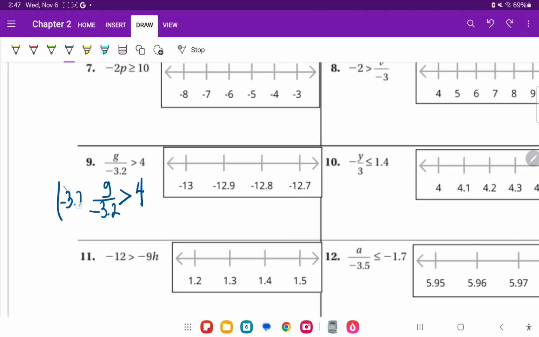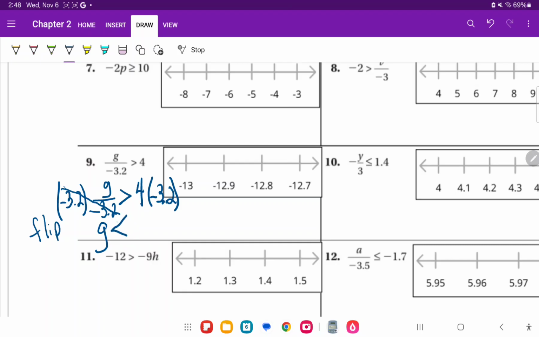I had a little glitch there for a second. And then I would have to do the same thing on the other side. On the right side, that's going to cancel out, so I'll have g. But because I multiplied by a negative, this has to flip directions.